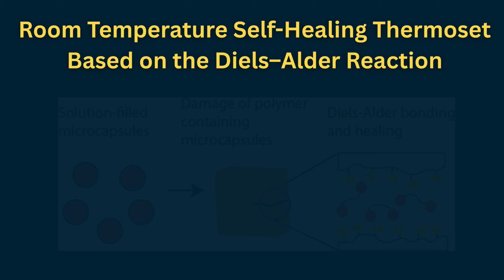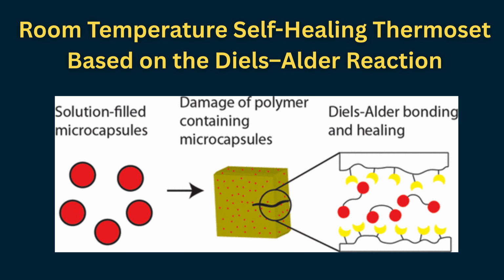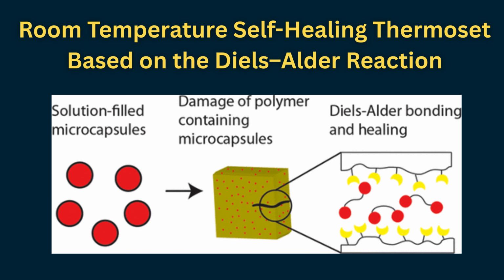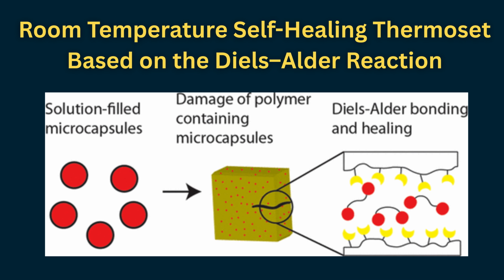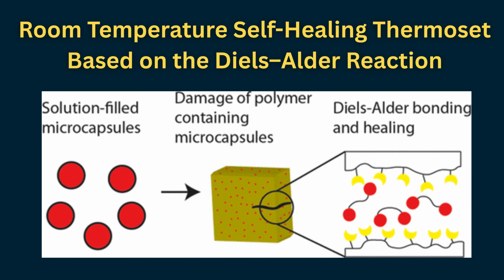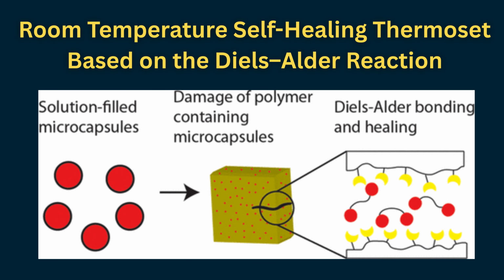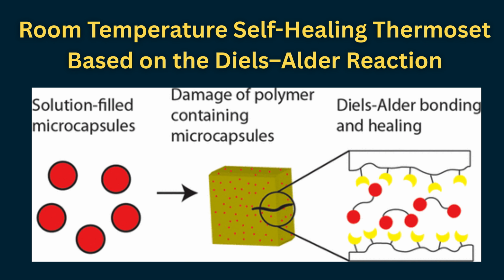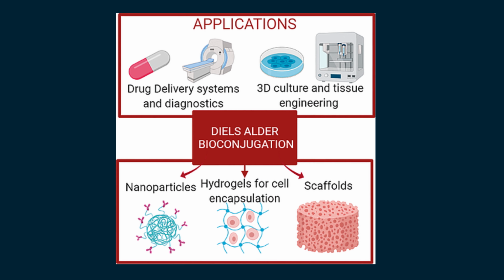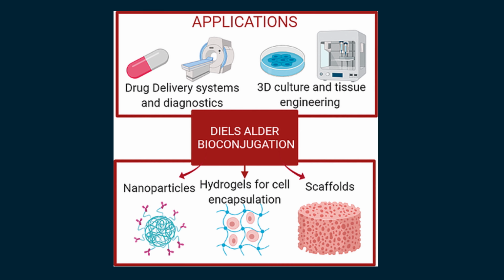Key applications in materials science include self-healing polymers and coatings. The thermal reversibility of the DA reaction allows for polymers that can repair microcracks when heated, via retro-DA and rebonding, extending material lifespan. Smart hydrogels for tissue engineering.